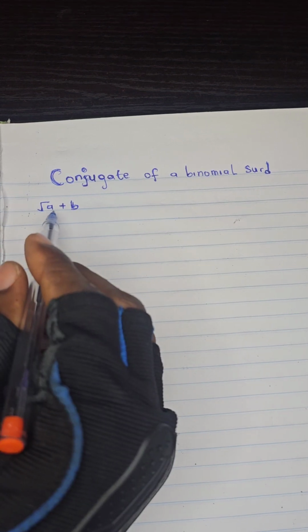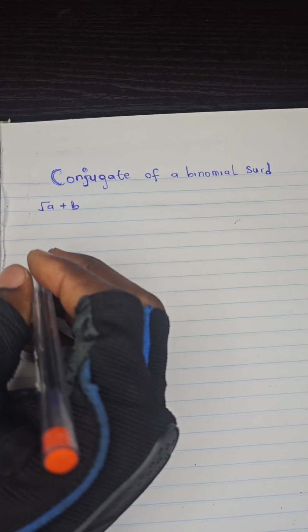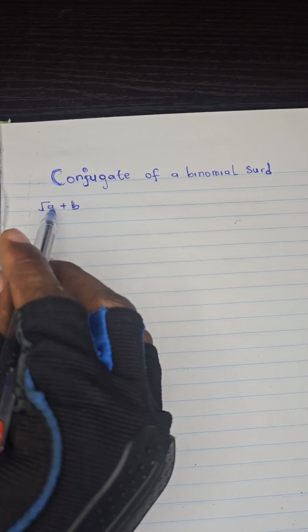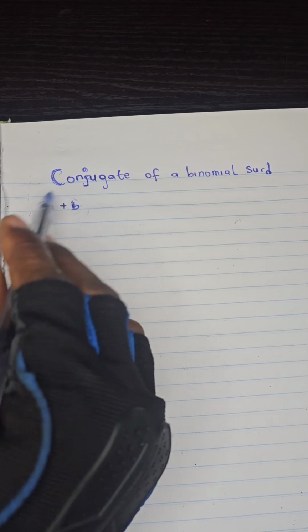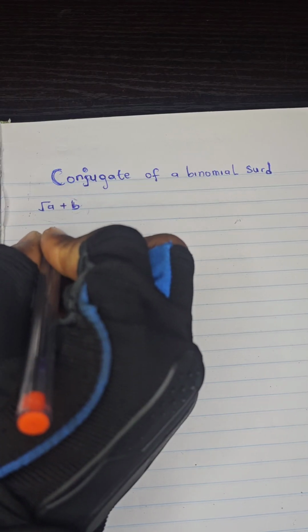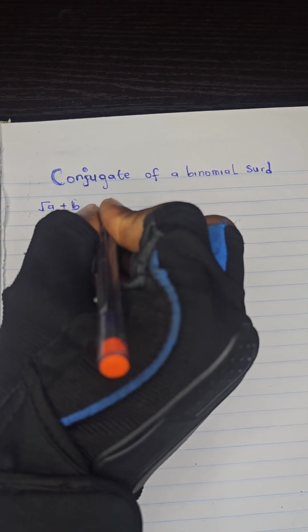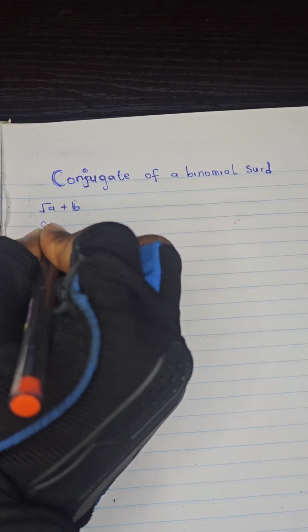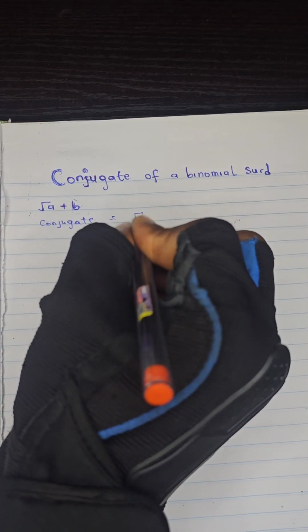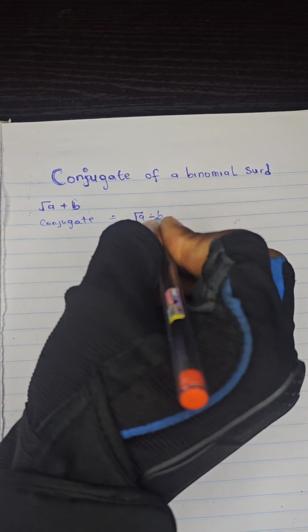Now this is a surd, and if you have been told to find its conjugate, what we are trying to do is take this from a form that has a surd to a form that has a rational number. According to the rule, the conjugate of this is root a minus b. It's just very simple. Just put a negative sign in between and you get the conjugate.